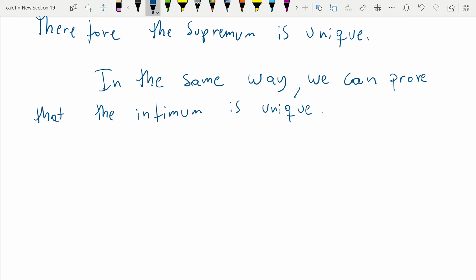Now, remember that the question of existence is a very strong property: the existence of a supremum or least upper bound, or the existence of a greatest lower bound, or an infimum. It doesn't matter how exotic your set is.